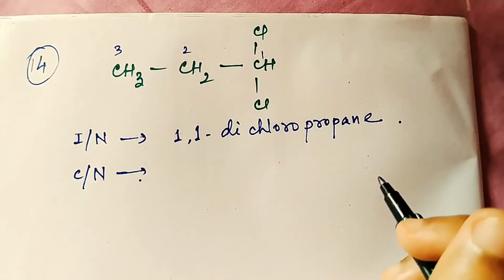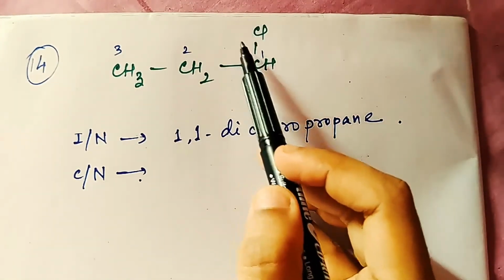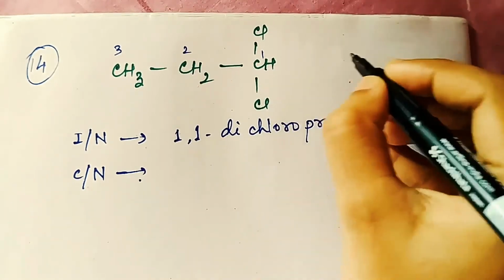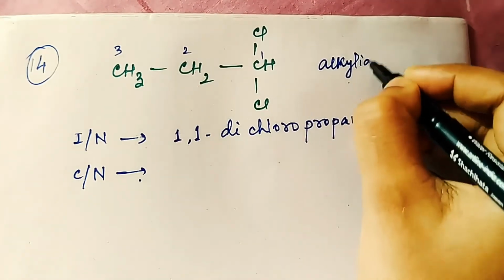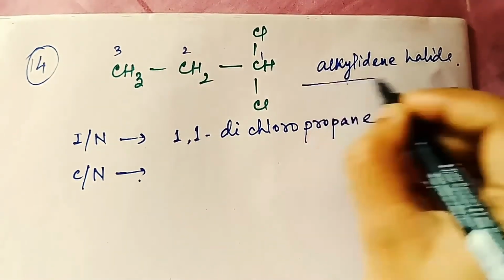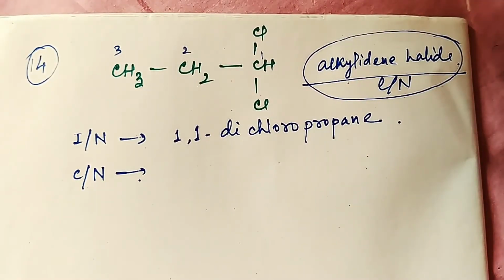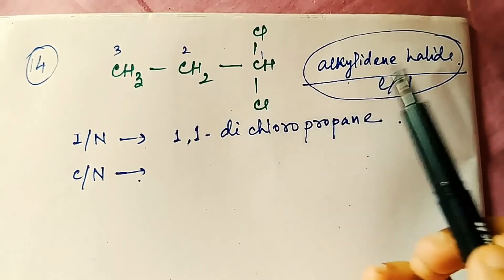Now what is the common name? Alkylidine halide. Okay, see, when 2 halogens are present in 1 carbon atom, that time the common name structure is alkylidine halide. This is the common name structure. Okay, in the normal cases the common name structure is alkyl halide. When 2 halogens are present in 1 carbon atom, that time it is alkylidine halide.